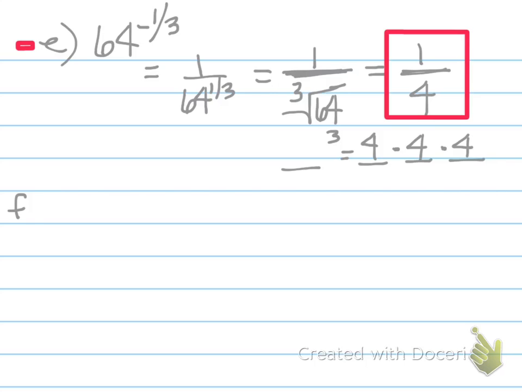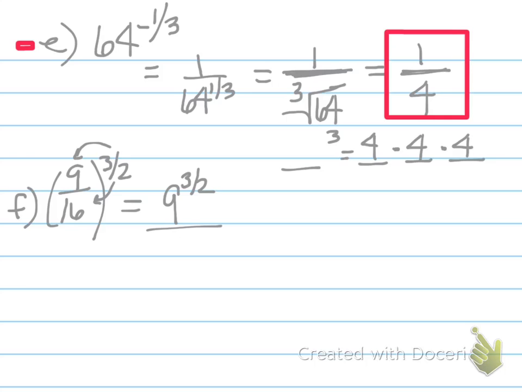F says 9/16 to the 3 over 2 power. So here we have plain positive exponent. The 3 over 2 can be given to both the 9 and the 16. So this is 9 to the 3 over 2 power and 16 to the 3 over 2 power.